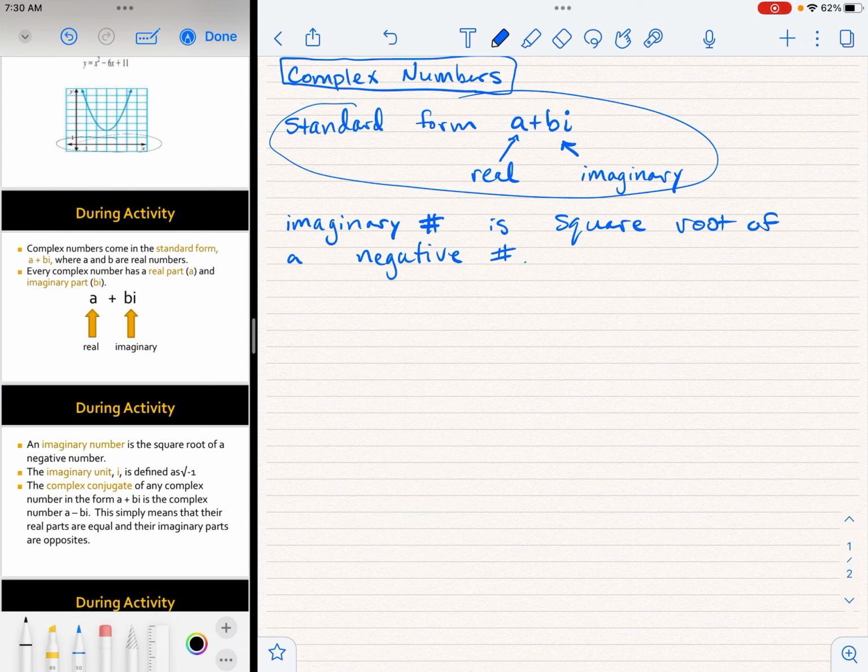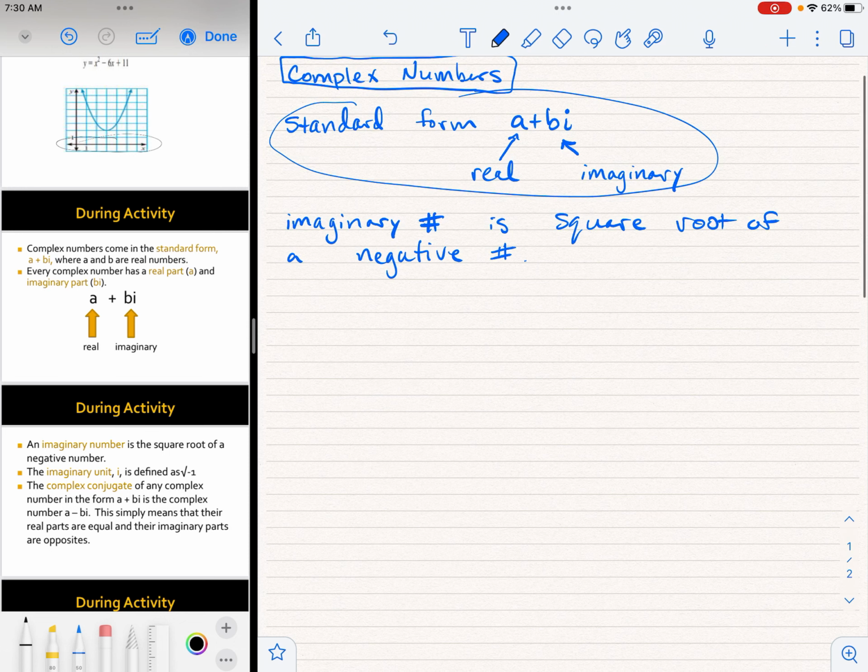If you type in your calculator and try to take the square root of -4, your calculator is going to give you an error message. That's because the generic square root of x function starts at 0 and goes in that direction. So there is not an x equal to -4 on that square root parent graph. But this is going to give us an imaginary number, a complex number.